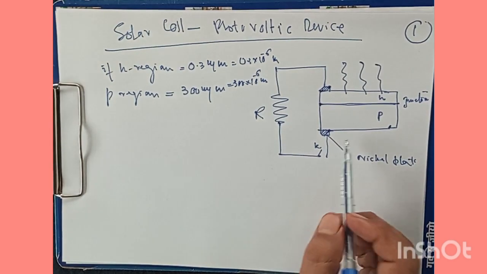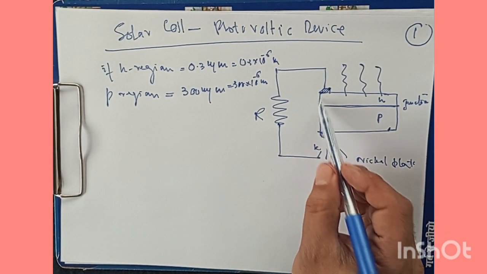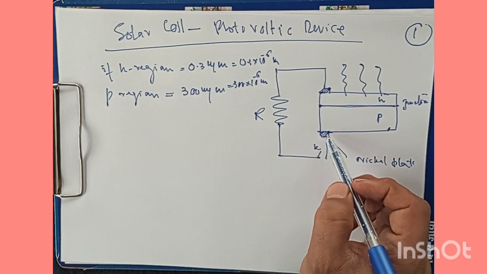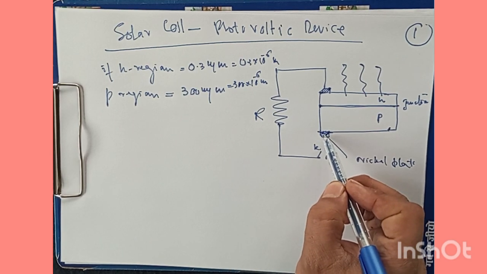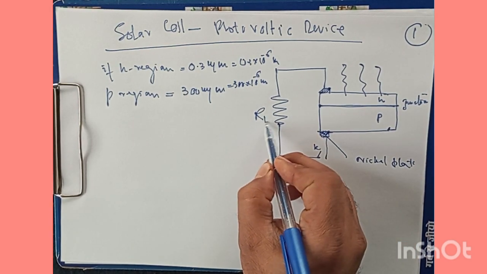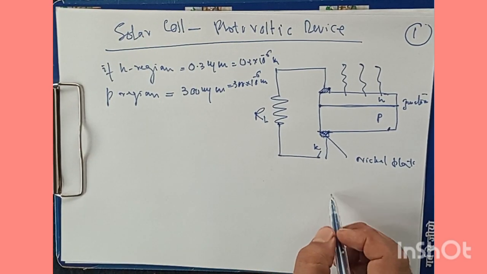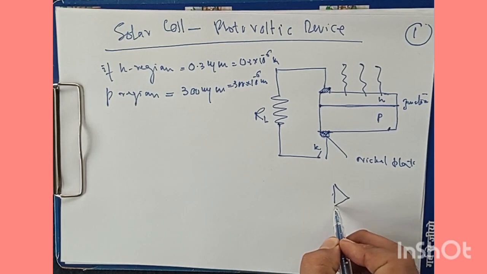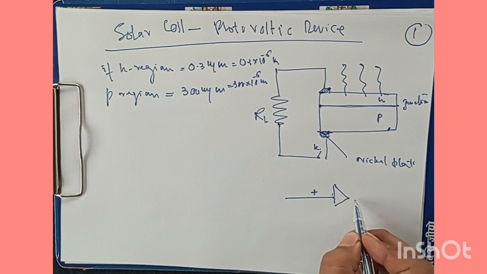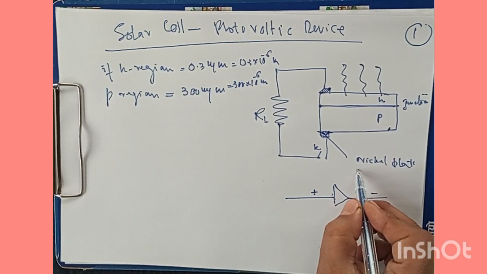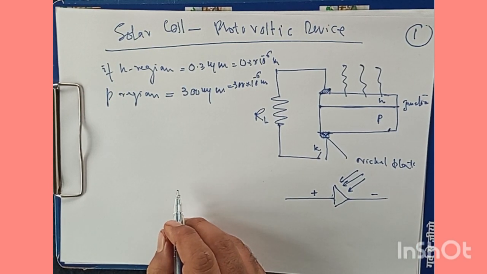And as I said, the outer regions of this PN junction are plated with a pure metal, and these metallic contacts are connected to the external load known as load resistance. Now, if we have to be symbolic about it, we have a PN junction, okay, and we develop energy from them by virtue of the light that falls on the junction of this PN junction.